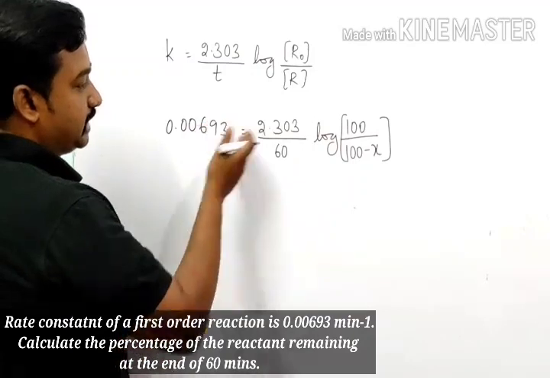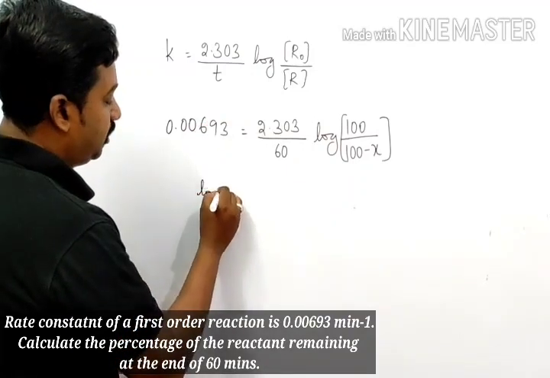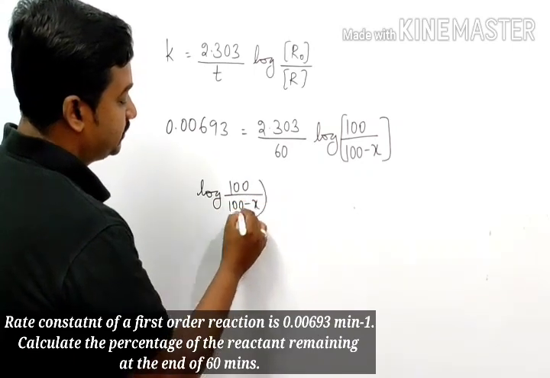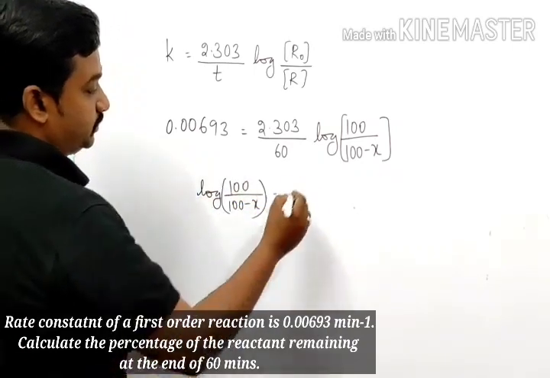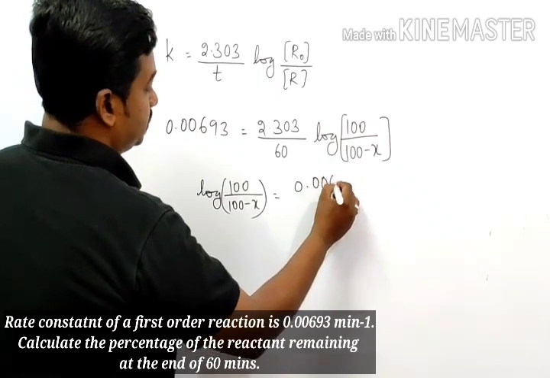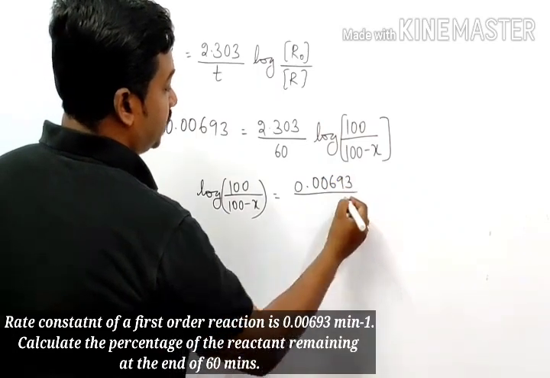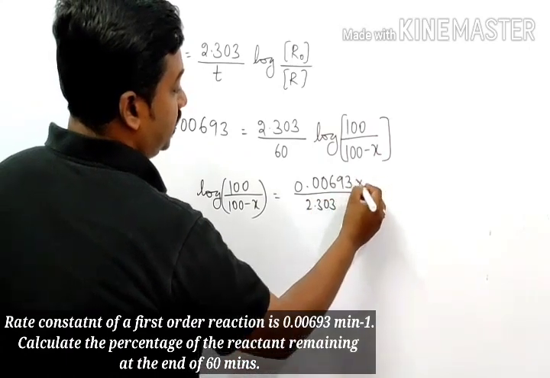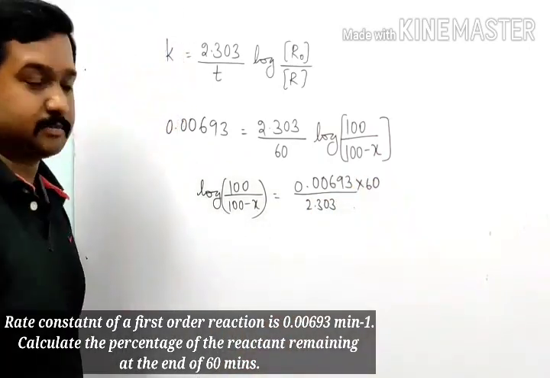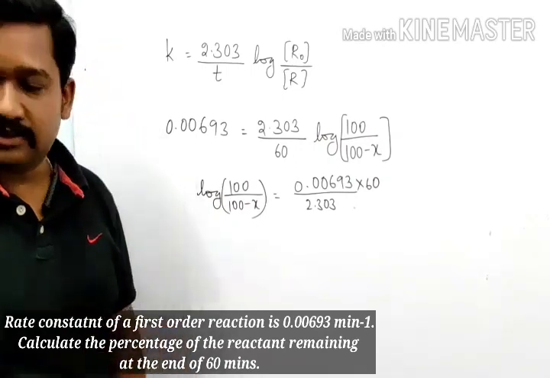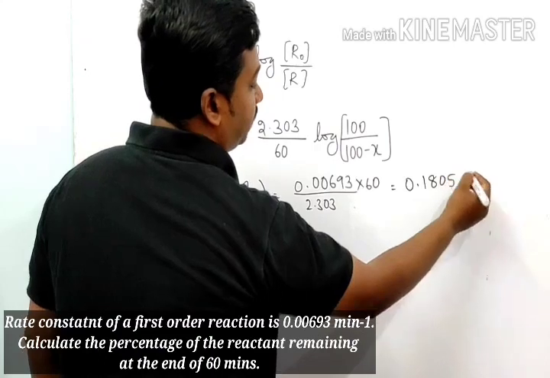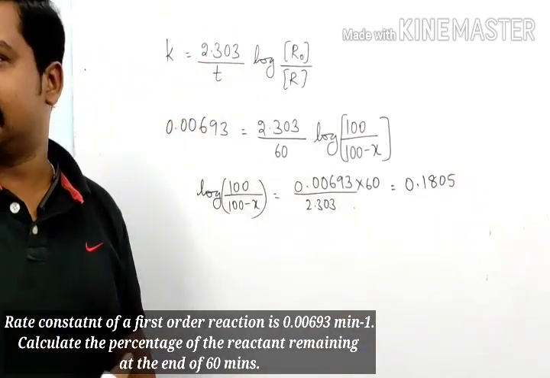Now cross multiply everything, you will get log of 100 by 100 minus X is equal to 0.00693 over 2.303 into 60. Okay, the product of this is 0.1805. You can do the calculation, you will understand it better.